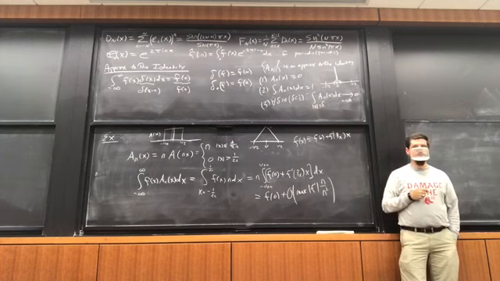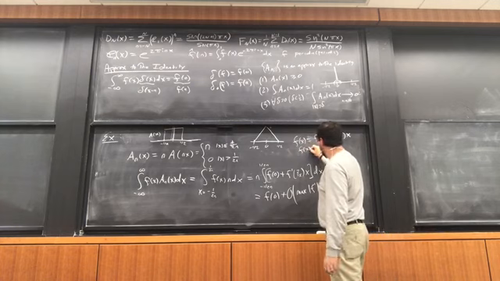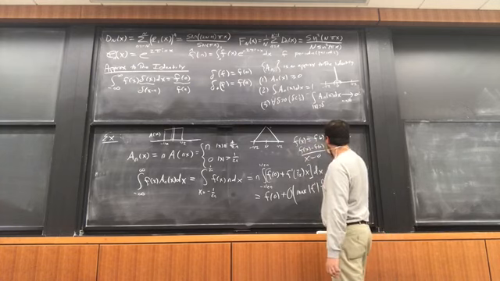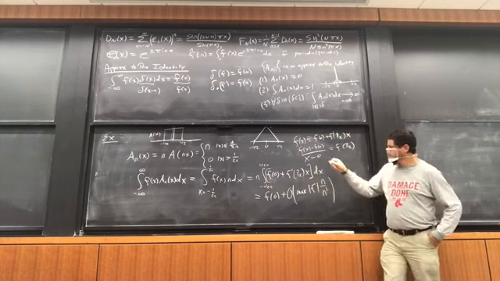Why is this true? Yeah, this is the mean value theorem. This is just f of x minus f of 0 over x minus 0 is f prime of c of x. It's just the mean value theorem.